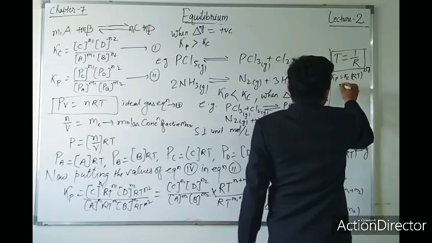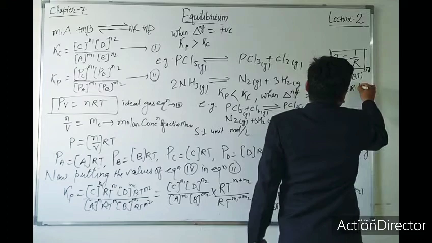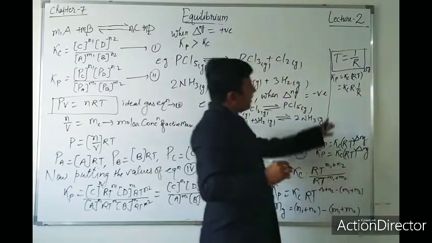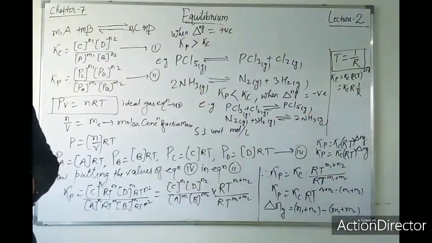So instead of T, what have I taken? Instead of T, I have taken 1 by R, right? So (1 by R times R)... that is, 1 by R to the power delta Ng.